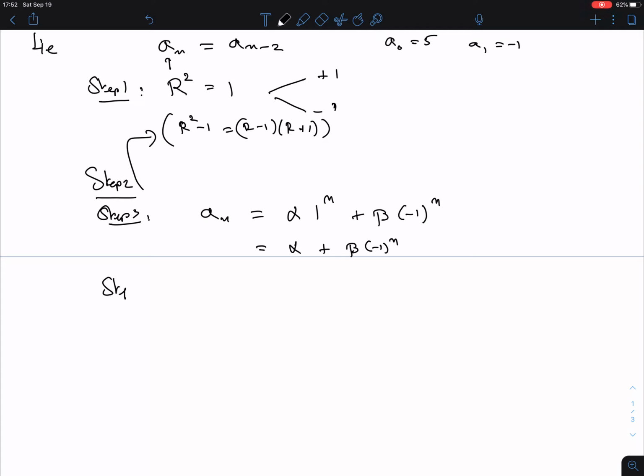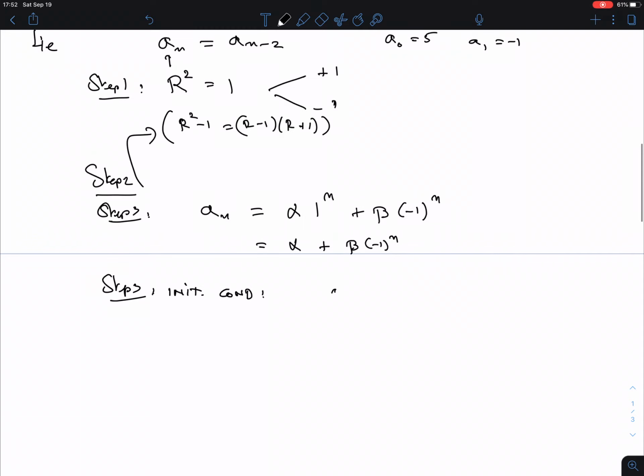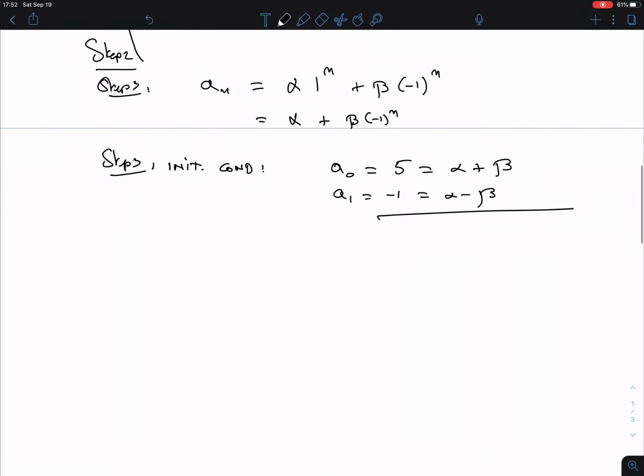So step 3, we use the initial conditions to figure out what alpha and beta are. a_0, that is 5, that is alpha plus beta, and a_1 is negative 1, that is alpha minus beta. So let me do the technique by elimination, because if I add the 2, I see the betas cancel.